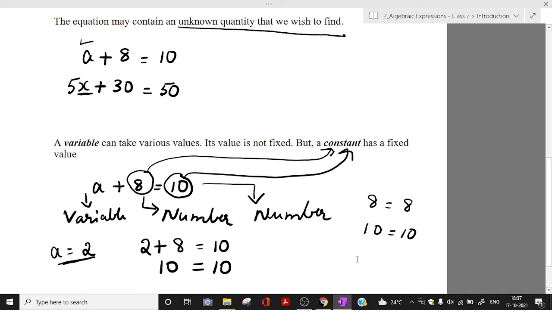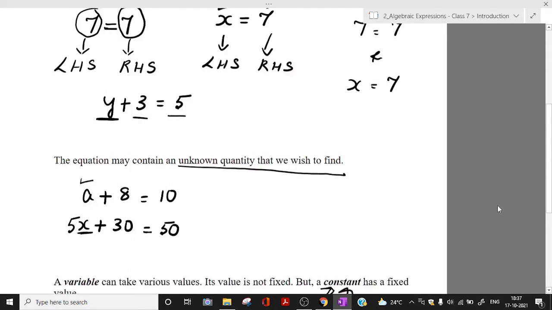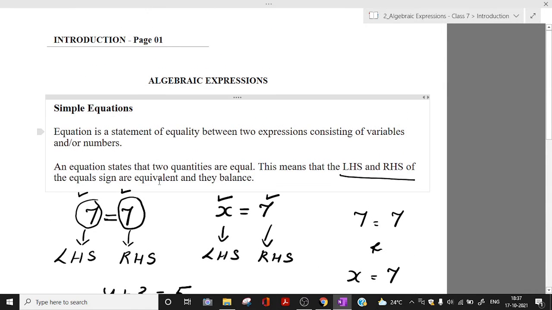Okay, just as a recap of what we did, an equation is a statement of equality between two expressions consisting of variables and/or numbers. An equation states that two quantities are equal. This means that the left hand side and the right hand side of the equals sign are equivalent and they balance.